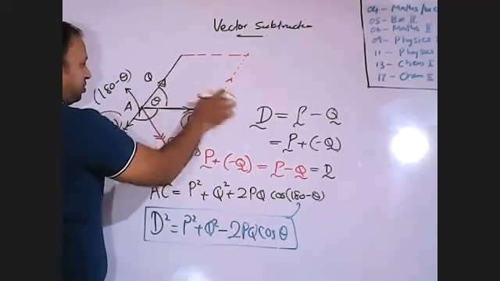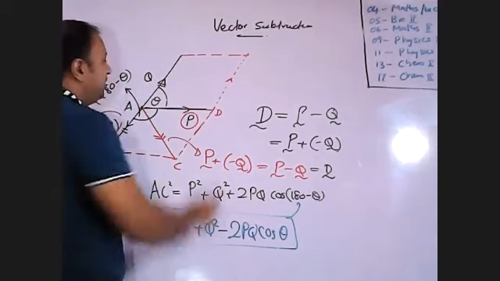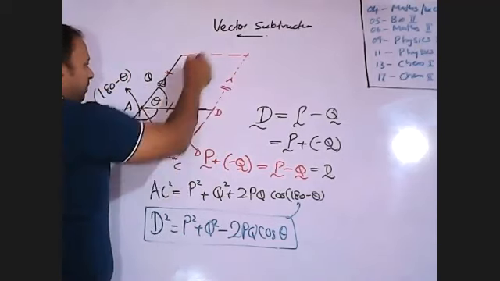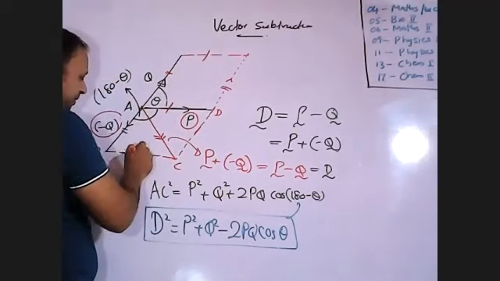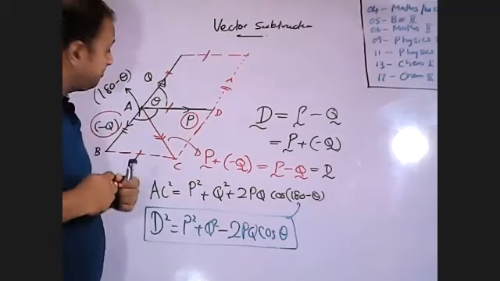So these two sides are equal and parallel to each other. Those are equal and parallel to each other. These three lengths are equal and parallel to each other.